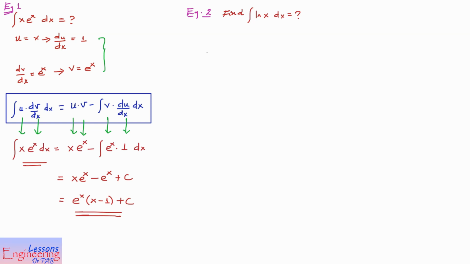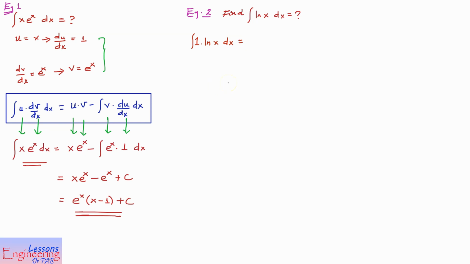So we quickly understand that to apply integration by parts, we need to have at least a product of functions. So in that case, we'll rewrite this in the following way. If I go in and write integral of 1 times ln x dx, all right, so this is equivalent to our previous function.